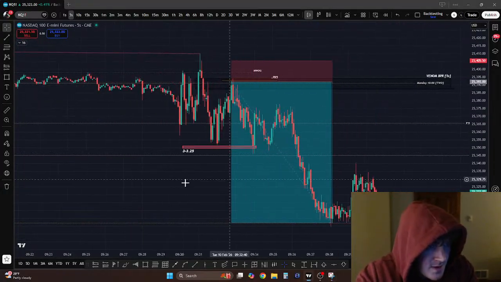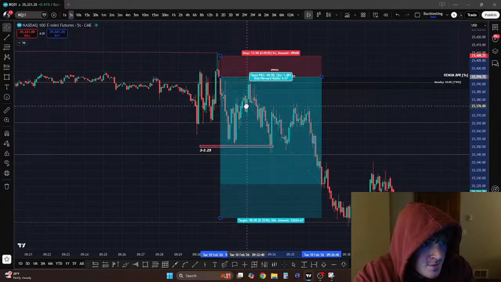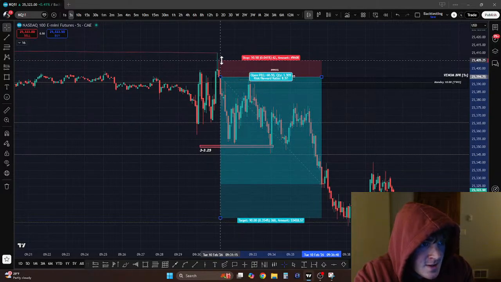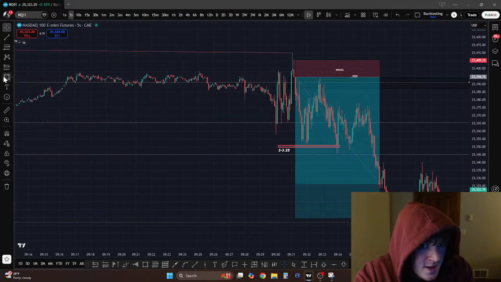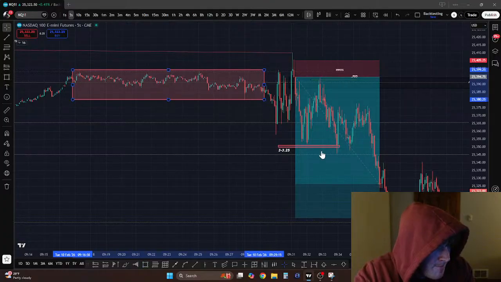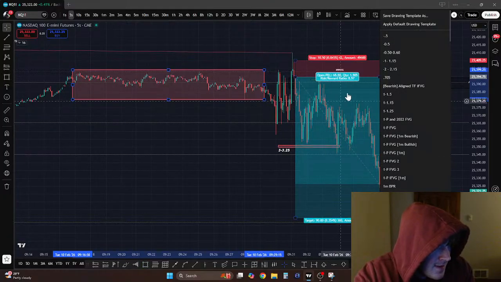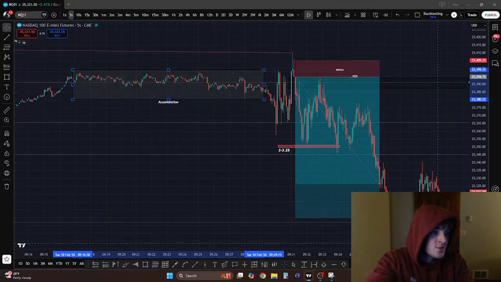I think I also want to record the fractal entry, right? I think this was pretty nice. Where basically we just form a swing high with SMT, and it's pretty obviously accumulation. And then now I like this fractal entry as well.